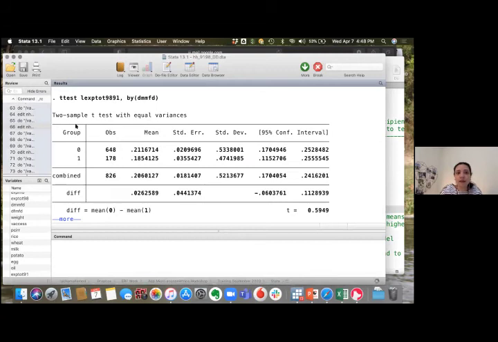So simply here I am creating two-sample t-tests for two groups: those who have a male participant in the microcredit program and those who don't have a male participant in the microcredit program, and I am testing the difference of the average difference between the 2 years, 98 and 91.